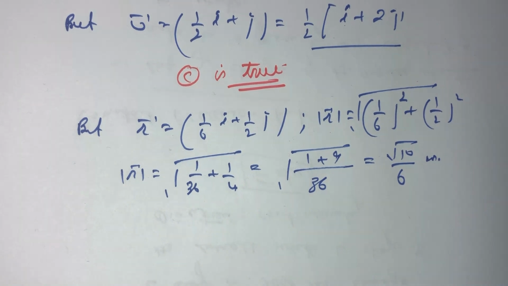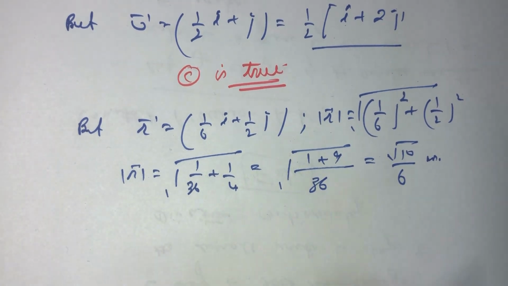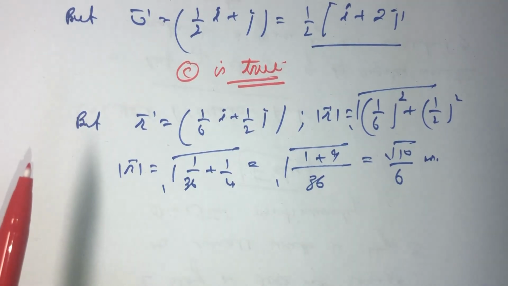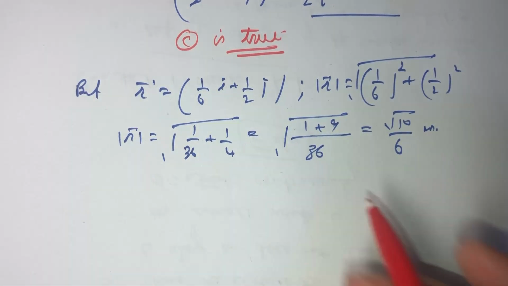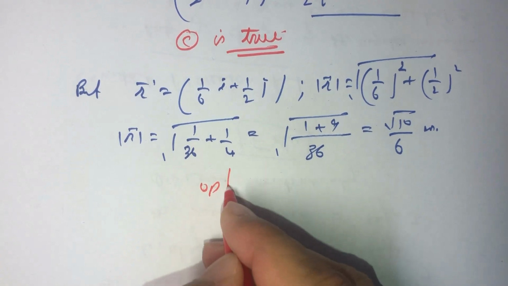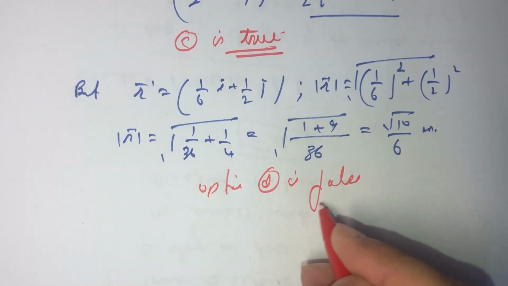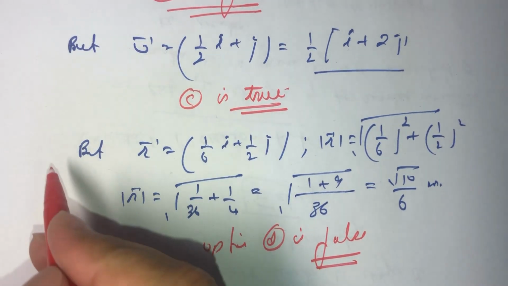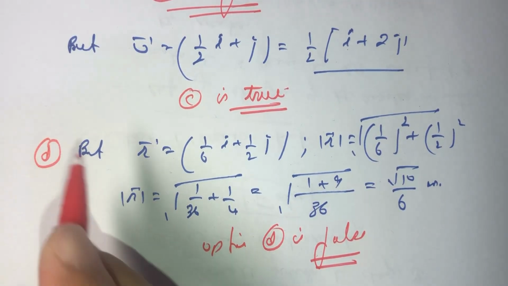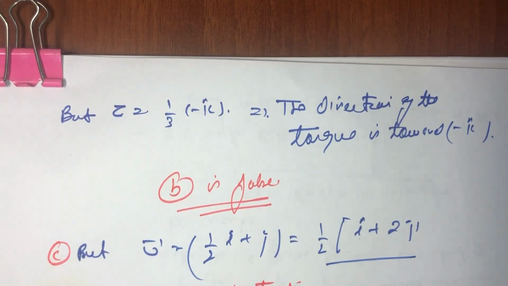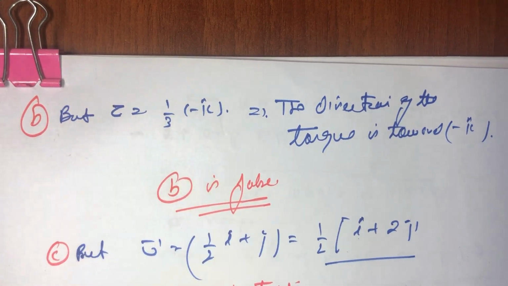But the option given to us is 1 by 6 meter. So option D is false.